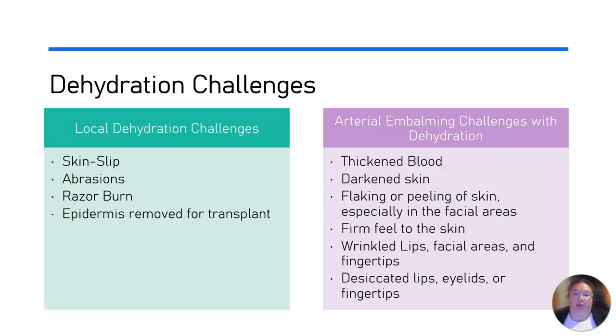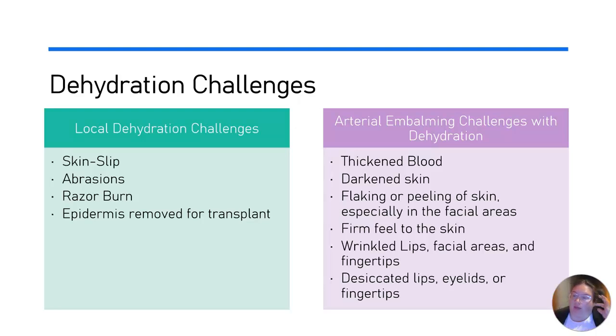So I listed two types of different challenges. We have a local dehydration challenge, and we have an arterial embalming challenge with dehydration. So local, you have skin slip, abrasions, razor burn, or the epidermis is removed for transplant.